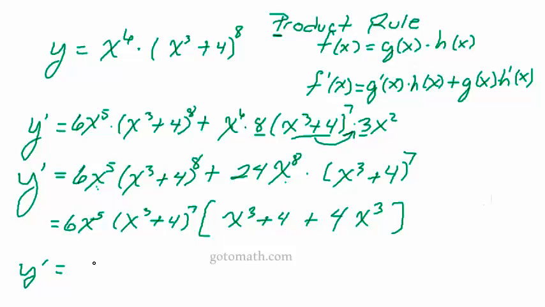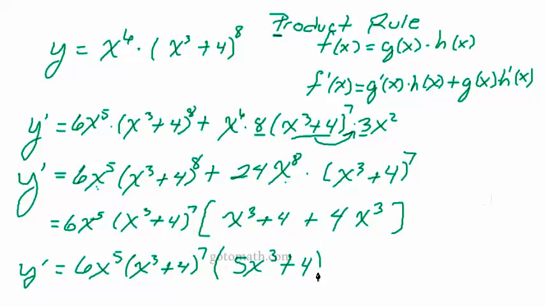Y prime, we'll just continue to write y prime. So we have 6x to the 5th times x to the 3rd plus 4 raised to the 7th power. We have x cubed and 4x cubed. We can combine that into 5x cubed and then plus 4.